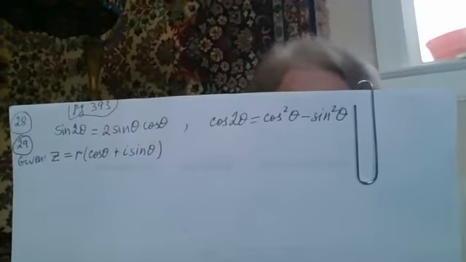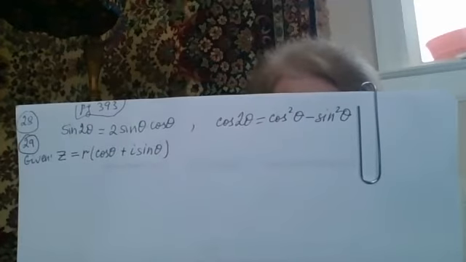I'm not going to do that through Euler's formula because I can do it more easily than the book requests. So look what I'm going to do. I will raise that z to the second power. z squared equals r times parenthesis cosine theta plus i sine theta, squared.